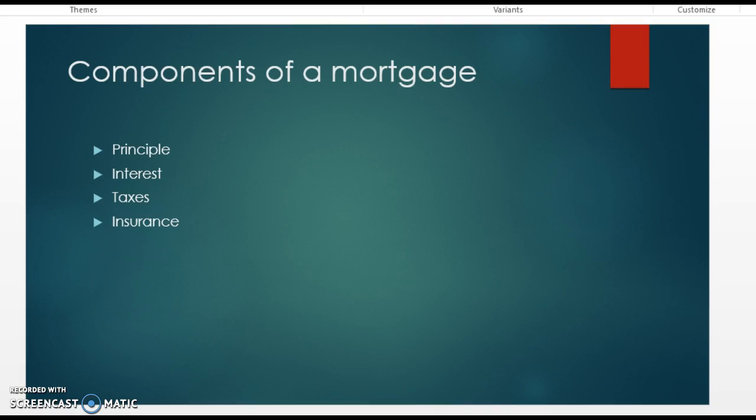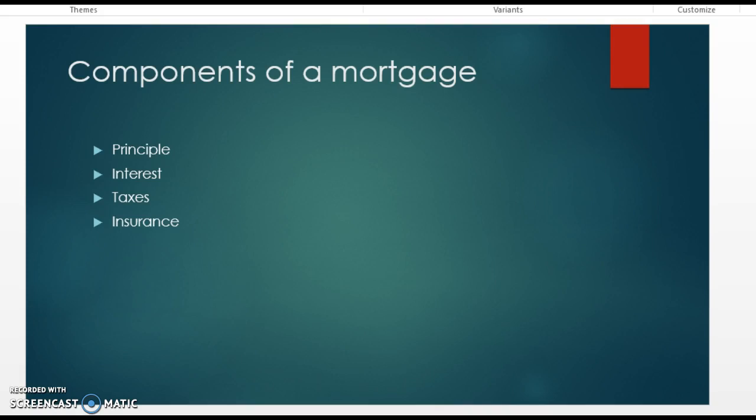In addition to that, you're going to have interest payments. So the interest is the cost of borrowing the bank's money. This is what they're actually charging you for allowing you the use of their funds. And again, the interest can vary depending on where you got the mortgage, what type of institution, and your credit scores, your credit history, your payment history on other bills, and your payment history with your rent, wherever you've lived in the past.